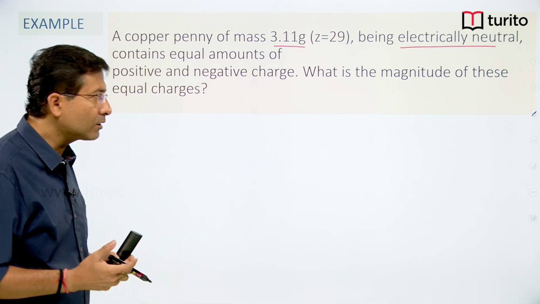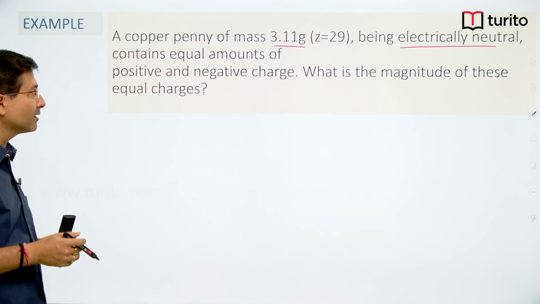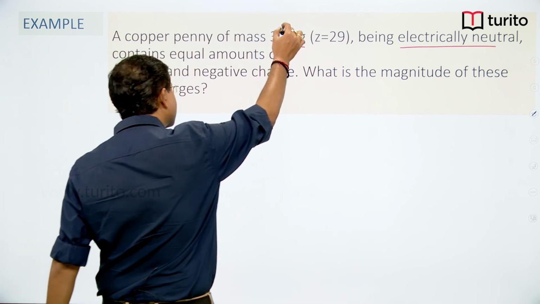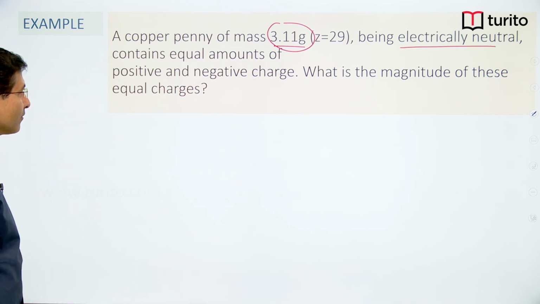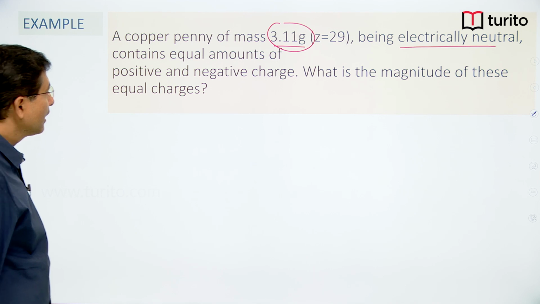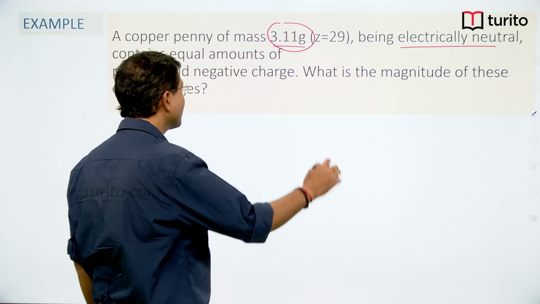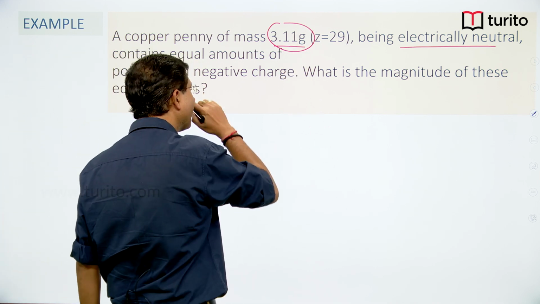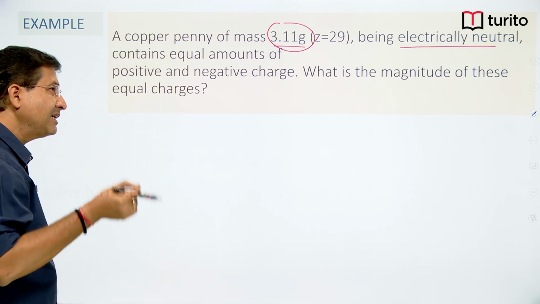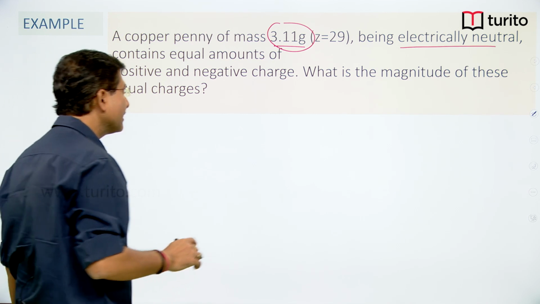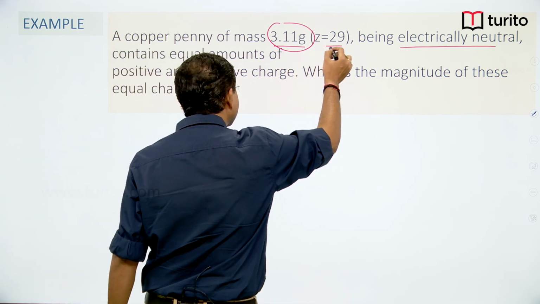If I can find out how many atoms are there in this mass, then I can multiply, as each atom will have this many protons.